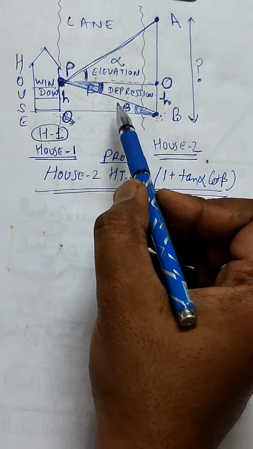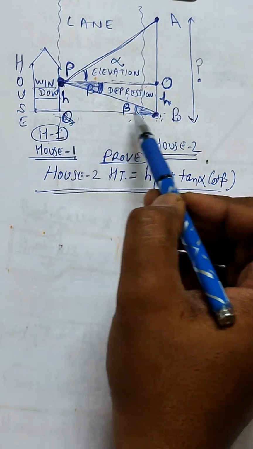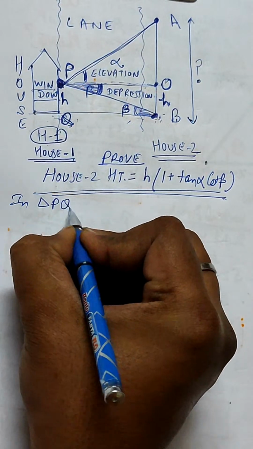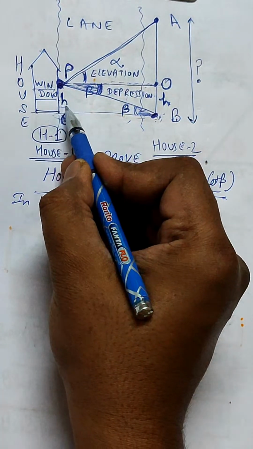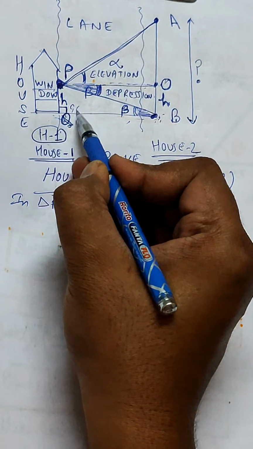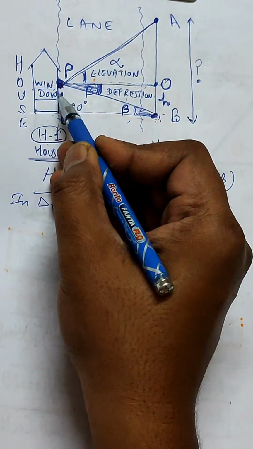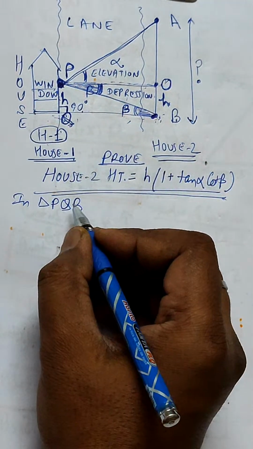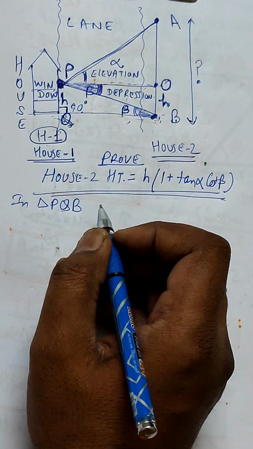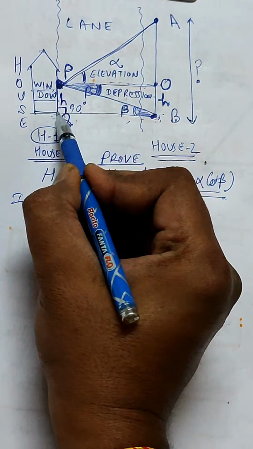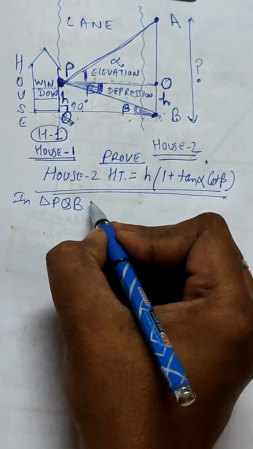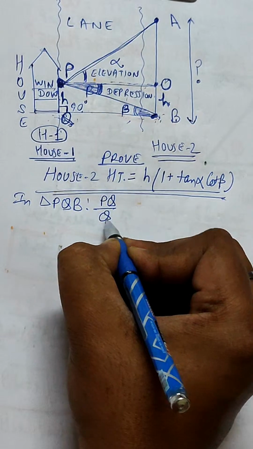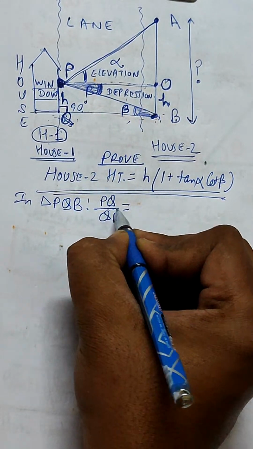So here just take this triangle PQB. In triangle PQB you can see it's a right angle triangle. This is 90 degrees, because from any point if you are drawing a vertical line to the ground, it's making a 90 degree angle, right? So in triangle PQB, PQ by QB is the ratio of tangent.